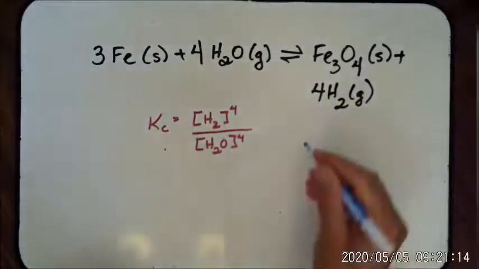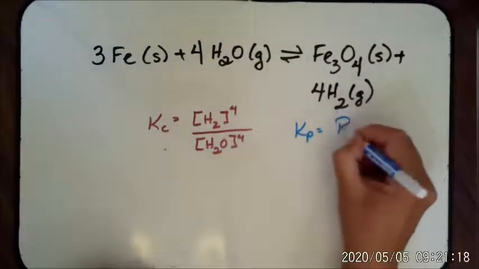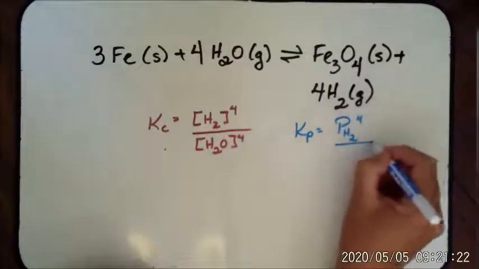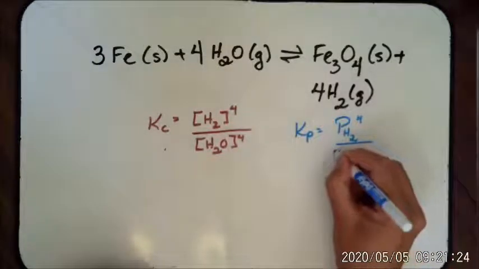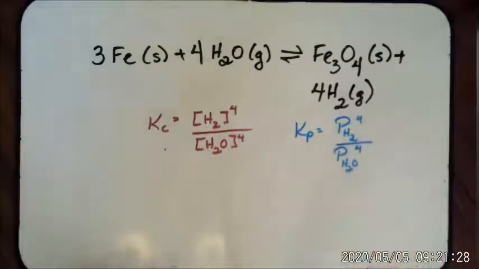Kp is just going to be the partial pressure of hydrogen gas to the 4th power, divided by the partial pressure of the water vapor to the 4th power. Okay? Now, what would happen if we didn't have this in the gas phase? What would happen if we had a reaction like this?